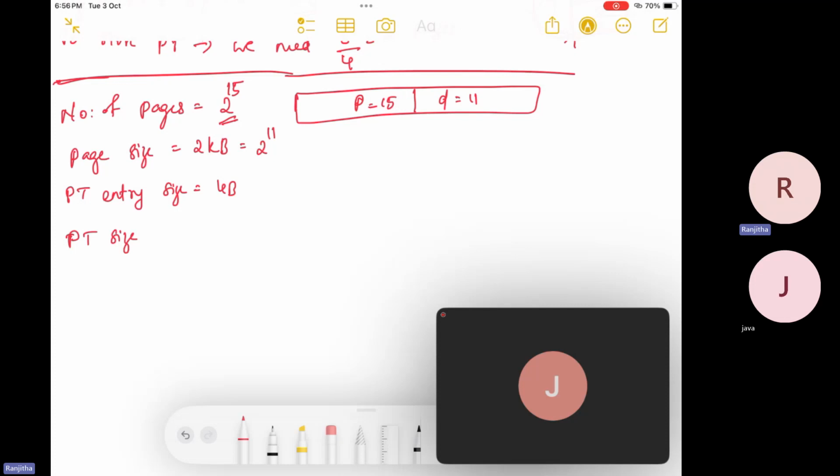Here the page table size is 2 power 15 into the page table entry size of 4 bytes, that is 2 square, which is 2 power 17. So the page table size is 128 KB.